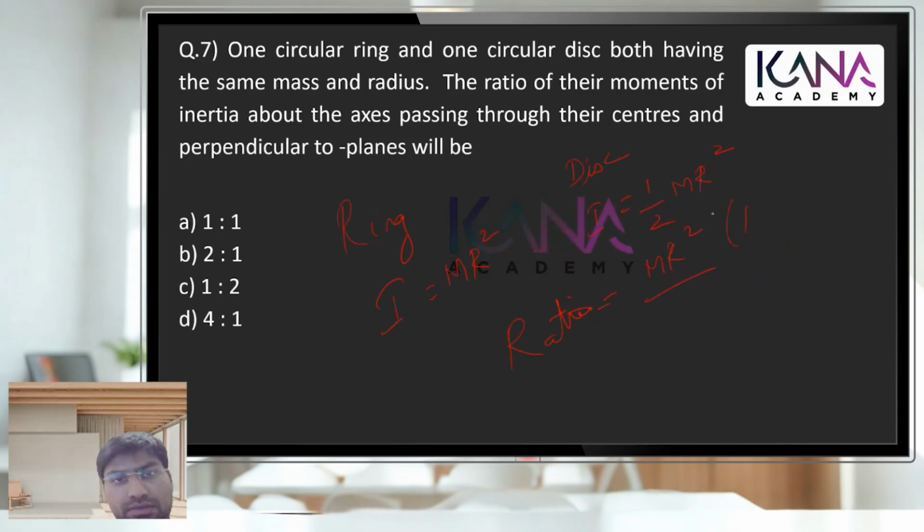So the ratio, ring by disk, will be 2:1. Please remember this formula, the moment of inertia for ring and disk, it's really important.